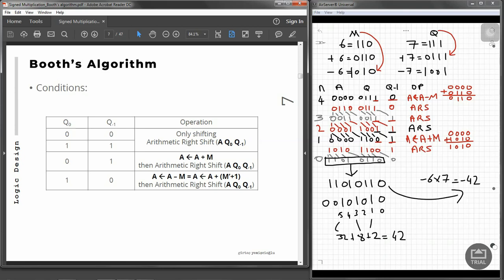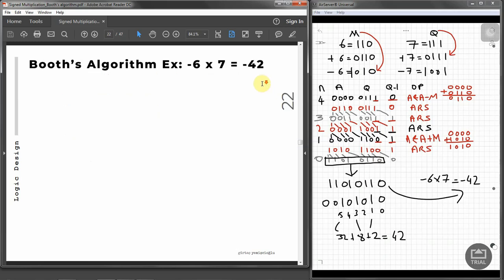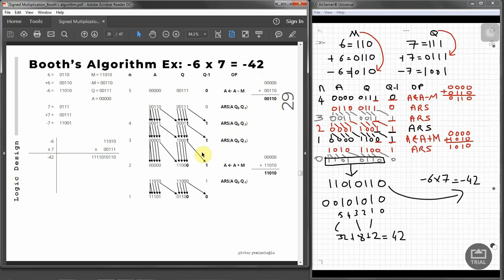So you can check your result by taking the 2's complement of it and finding minus 42 over there. So I hope this is clear. We have done minus 6 times 7, which is minus 42, using Booth's algorithm, and you can also find similar calculations on the slides. This is done with 5 bits.